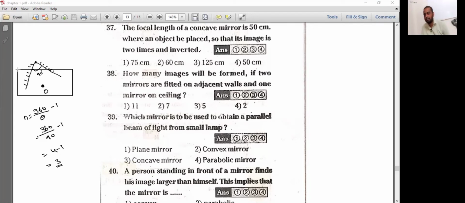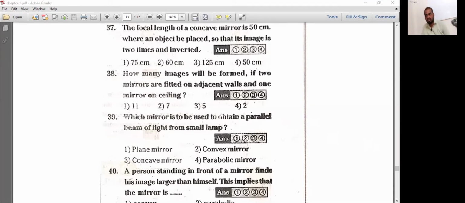The 3 images formed by the first and second mirrors will act like objects, so 3 images will form inside the third mirror. Plus the main object's image will also form inside the ceiling mirror, so one more image. Total 7 images will be formed. Option 2 is the correct option.